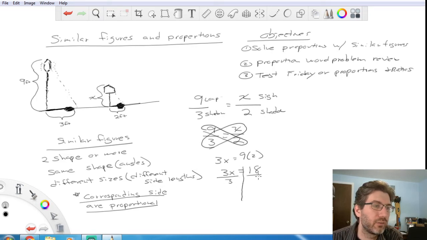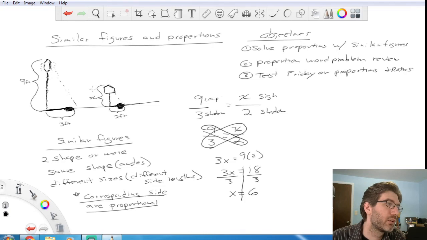Divide that by 3, divide that by 3, you get x equals 6. So we know that the height of this sign, or x, is equal to 6 feet.